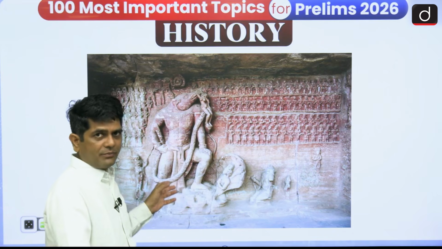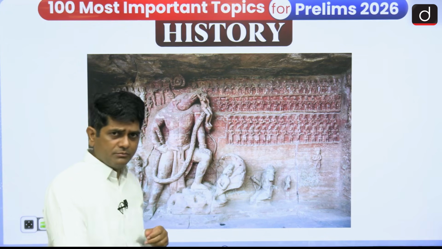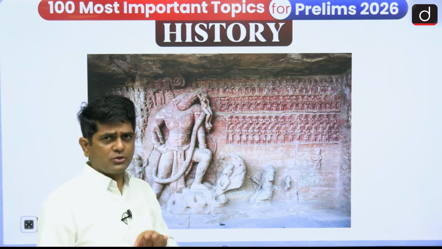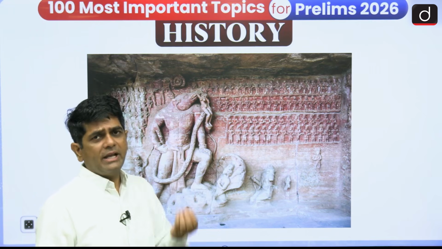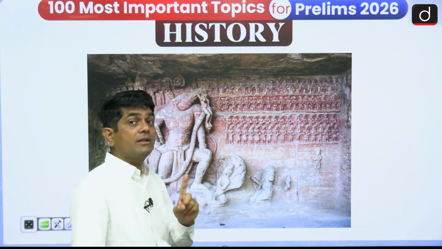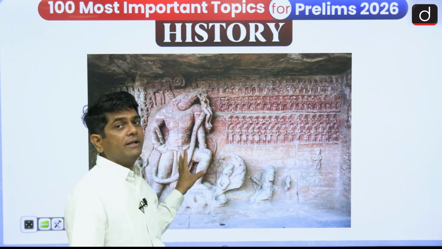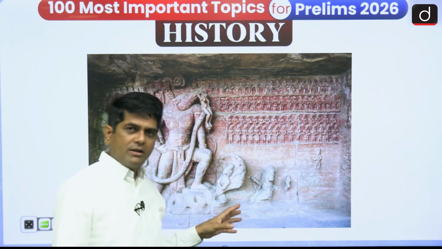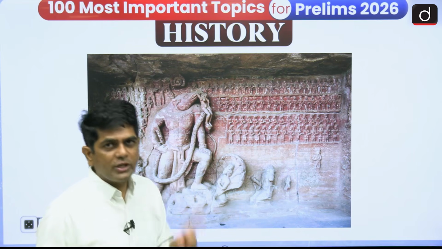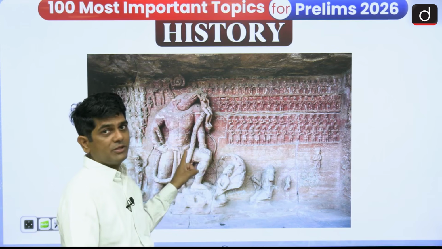Here we have around 20 rock cut caves, mostly belonging to Hinduism, and 2 rock cut caves belonging to Jainism. Udaygiri hills, not of Odisha or Kalinga. I am talking about the Udaygiri hills of Madhya Pradesh. Most of the rock cut caves here belong to Hinduism.